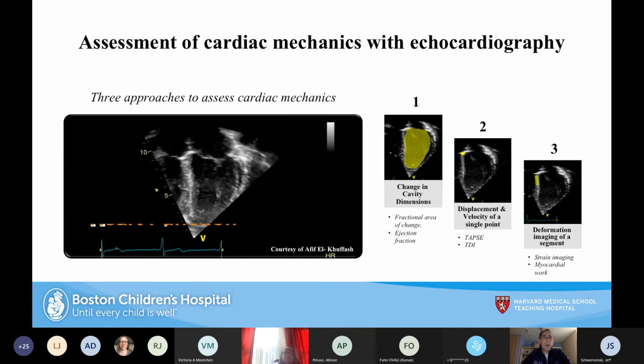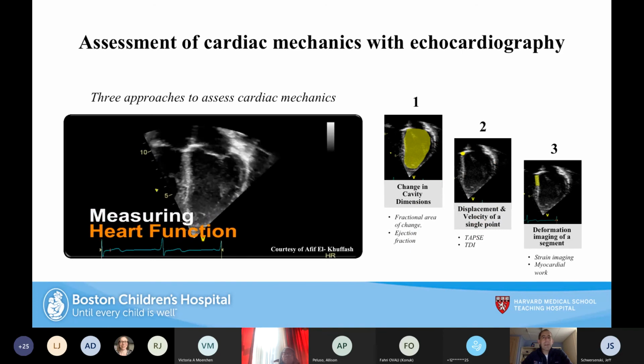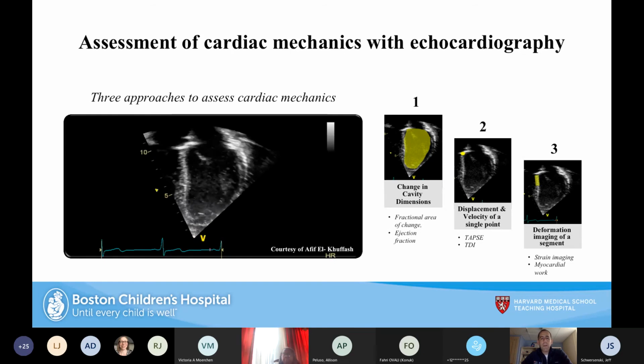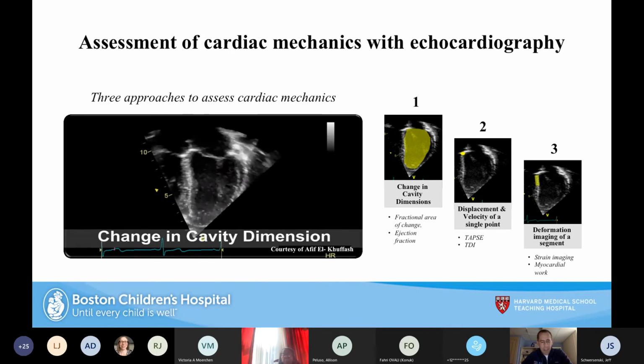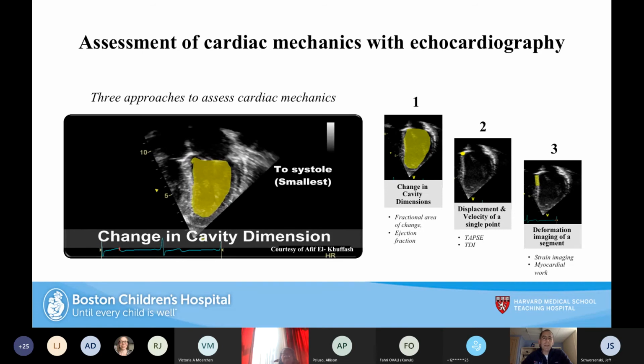What we do know is that the assessment of cardiac mechanics with echocardiography can fall into 3 unique categories. This is an echocardiogram from Afif Kufash, my friend in Ireland, where he's looking at 3 methods of cardiac function. We have a change in cavity from the largest in diastole to the smallest in systole.